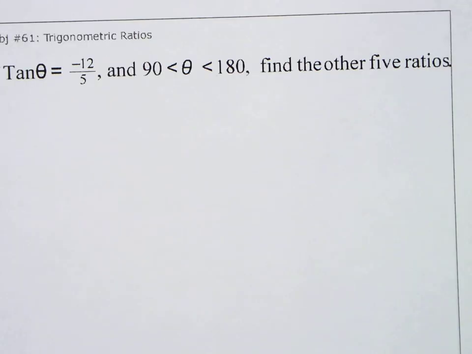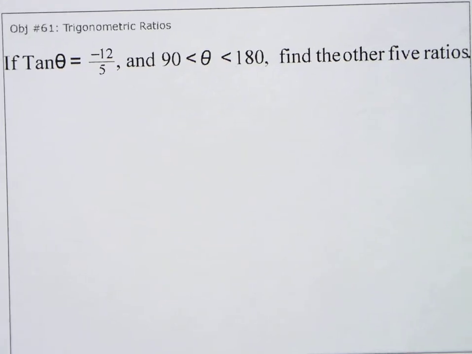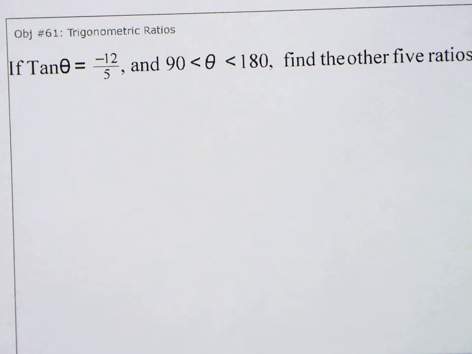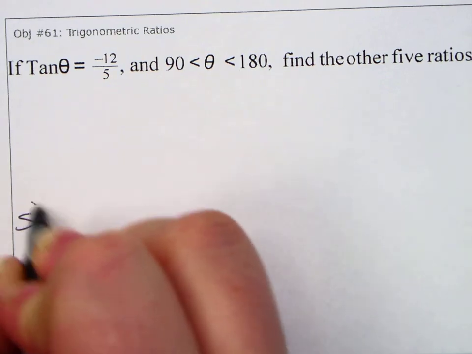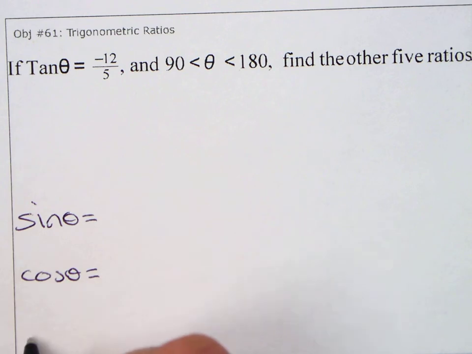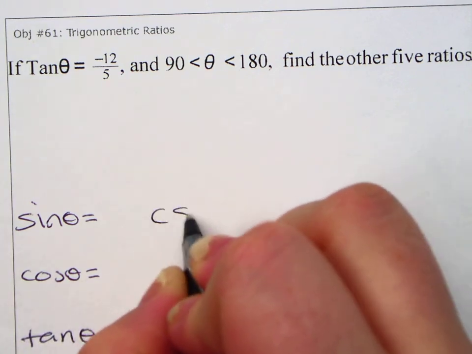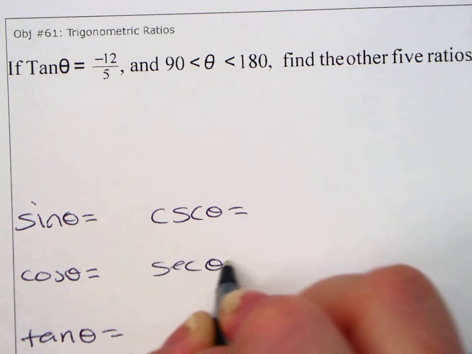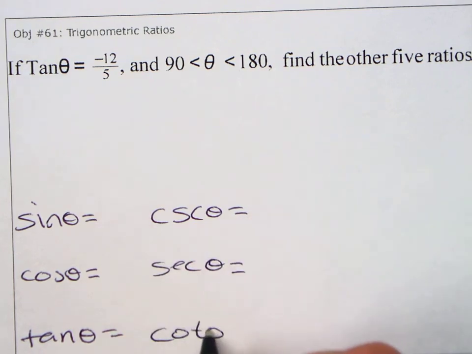All right. Number 2. Tan of theta is 12 over 5. That's a 12 and a 5. 90 is less than theta, which is less than 180. Find the other 5 ratios. All right, so I'm going to write sine, cosine, tan, cosecant, secant, cotan.